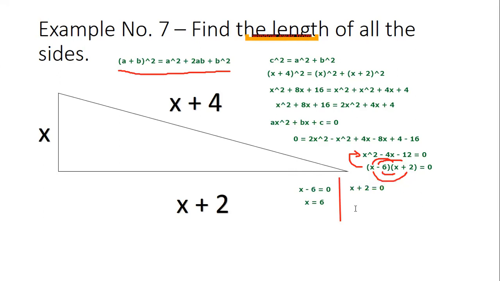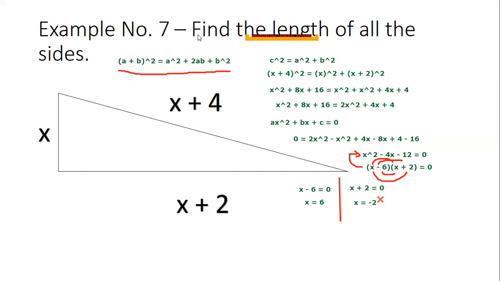By the subtraction property of equality, subtract 2 from both sides of your equation, then the value of x will be negative 2. However, in this case, we don't have a measurement that has a negative number, so we're not going to use negative 2 as our value.